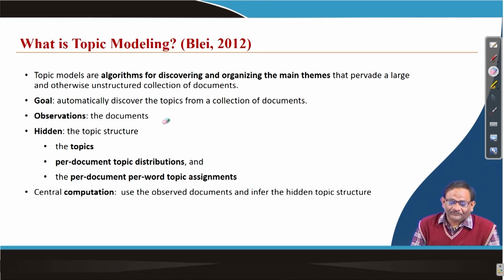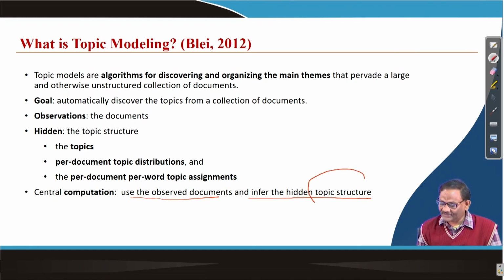Given a large unstructured collection of documents, your job is to find out the topics or themes which are otherwise hidden within the documents. In order to do so, you require certain mathematical tools, algorithms, as well as some kind of code or programming. The central computational issue is to use the observed documents and infer the hidden topic structure.